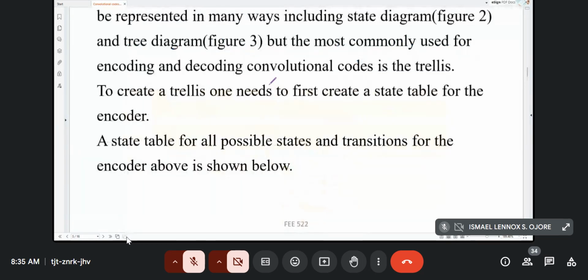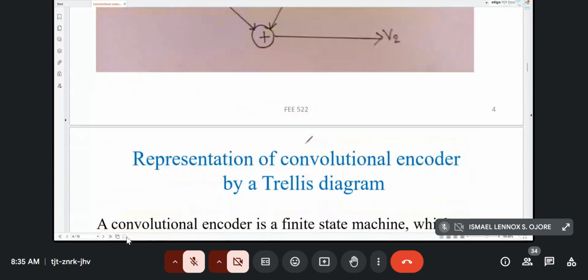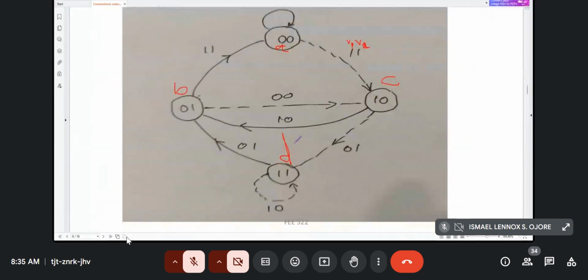So for this particular encoder, for this convolutional encoder, the tree diagram, the state diagram is this one.